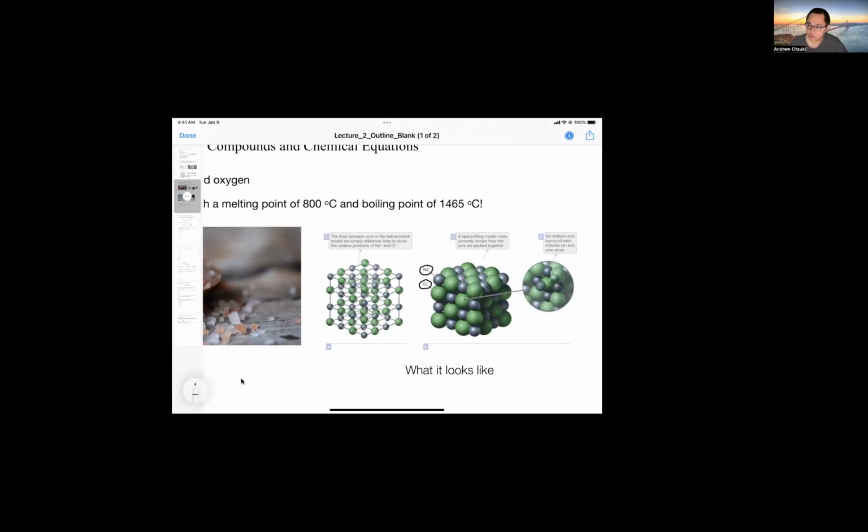So this is what we call a crystal lattice. We might not talk much about these types of structures unless we get to it at the end of the semester. But this is just an example of what some solids look like, especially crystalline solids. So crystalline solids are very ordered solids. You see in this example, we do have very ordered materials here, right?